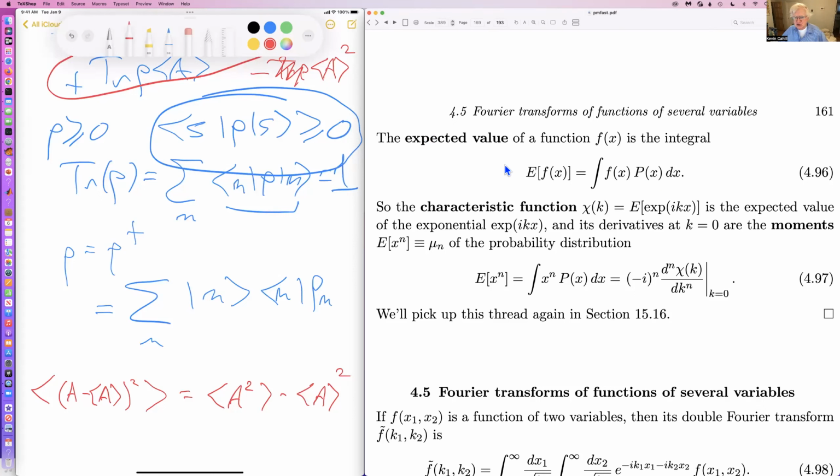And that gives us the average value of the phase factor, which is then the characteristic function. And in particular, the moments of a distribution, x to the n times p of x, the average value of x to the n, are derivatives of the characteristic function.